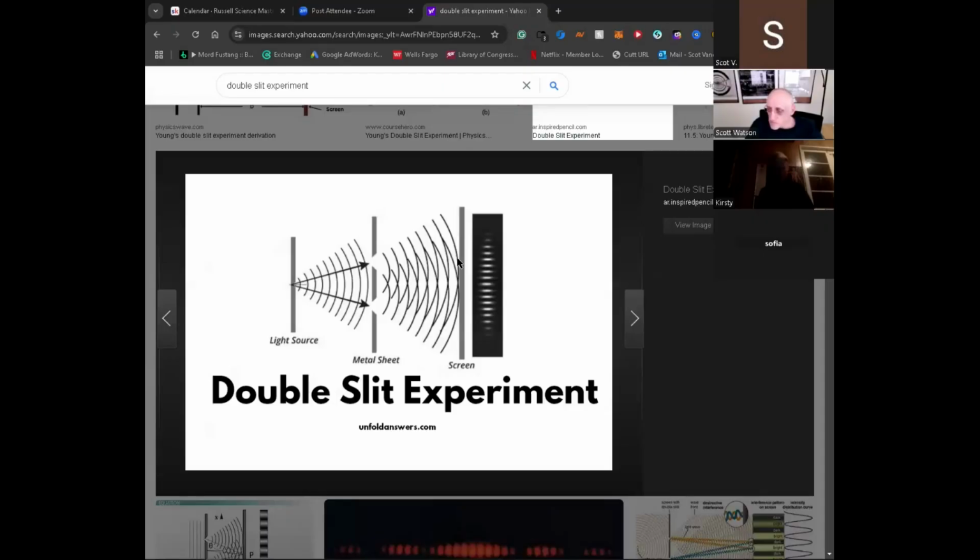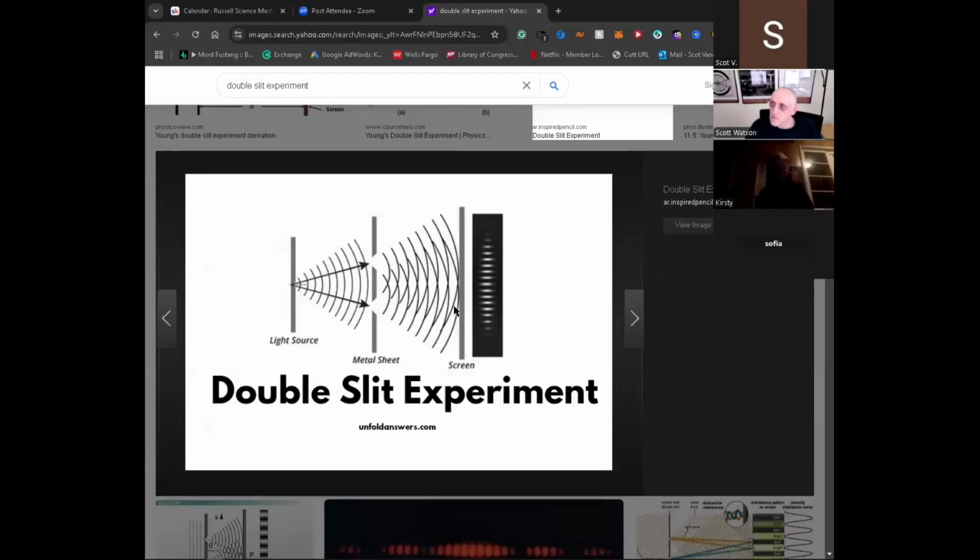So traditional science would tell us that on the detector screen there should be one place over here where all the particles that came through the top side would land, and another over here where particles from the bottom side would land. So there should just be two distinct places where the particles were hitting.